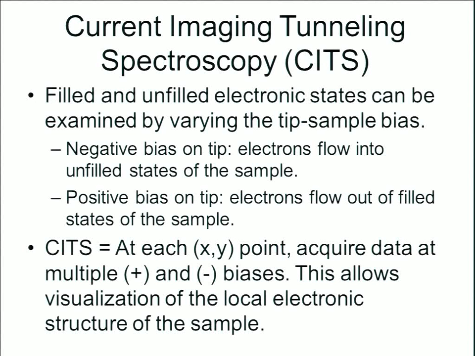At each XY data point, we acquire data at multiple positive and negative biases, and this allows visualization of the local electronic structure of the sample. So this is a form of scanning probe microscopy, but it's actually a spectroscopic technique, giving us information on localized electronic states.